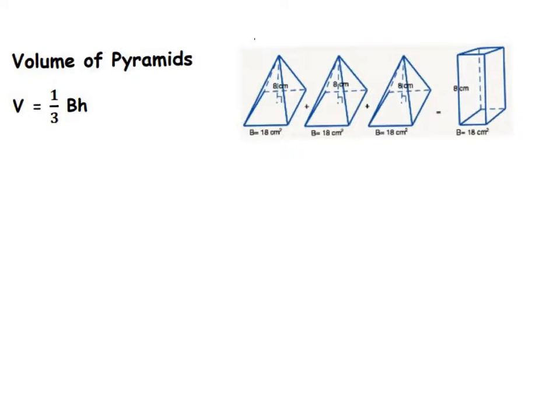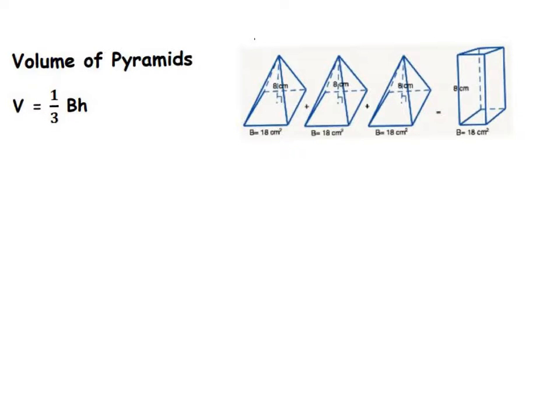Well, if you look up here, I have a cube. Okay, this is a cube, and this cube actually is 3 pyramids. Okay, there are 3 pyramids. It creates it, so that means that if I know the volume of 1 pyramid, then all I have to do is multiply by 3 to give me the volume of the cube.